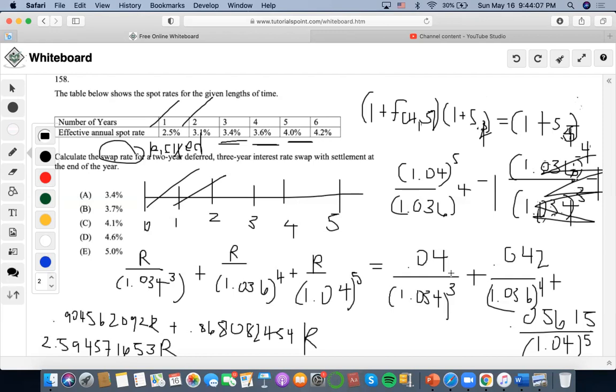Now I'm going to solve for this part. So I'm going to do 0.04 divided by 1.034 to the 3. Now this one, 0.042 divided by 1.036 to the 4.